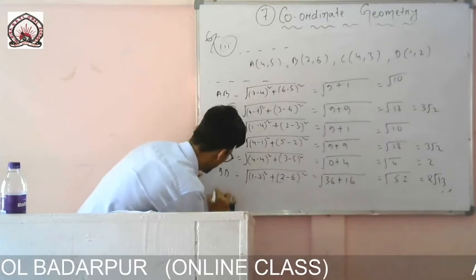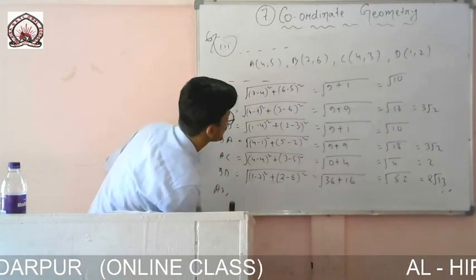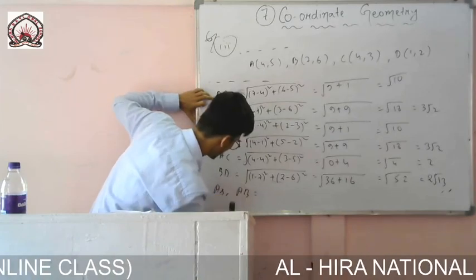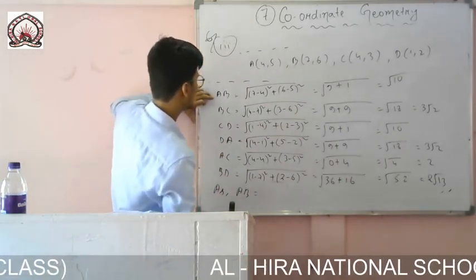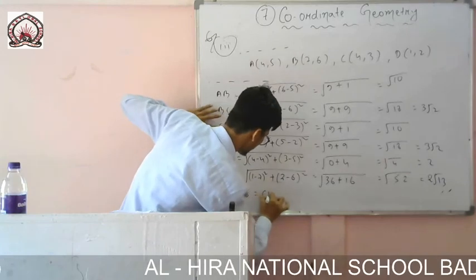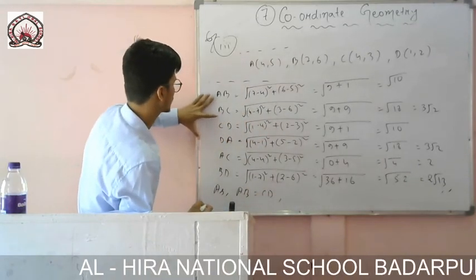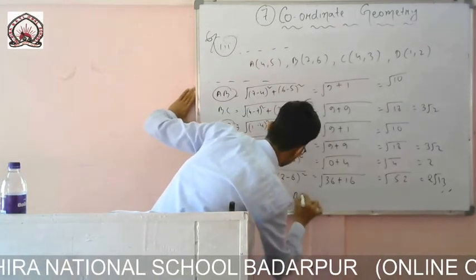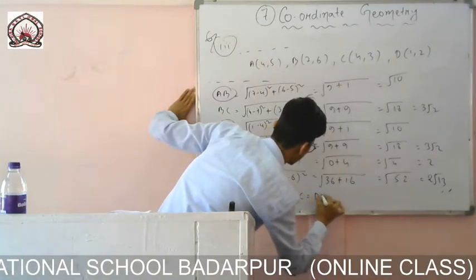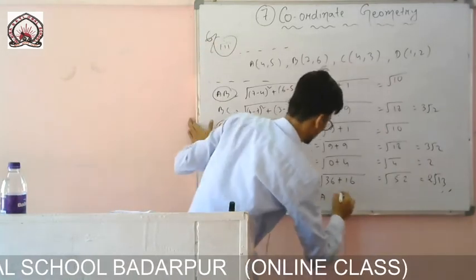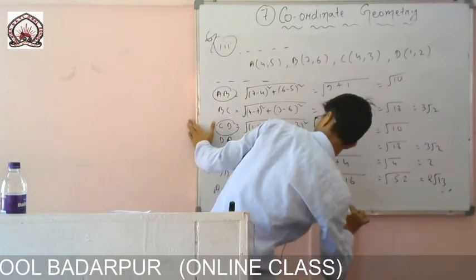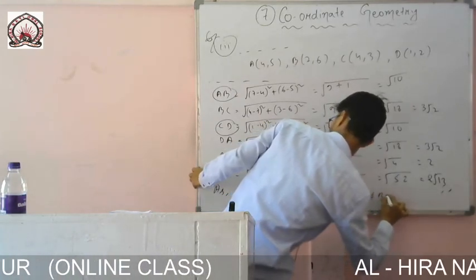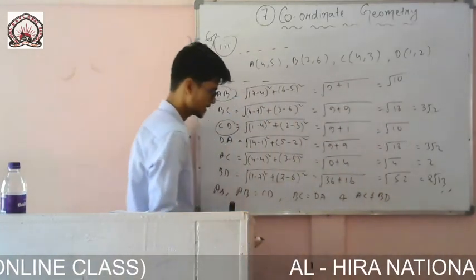So you write, which two sides are equal? Since AB is equal to CD, and BC is equal to DA, and AC is not equal to BD.